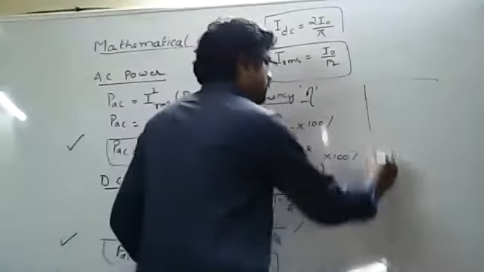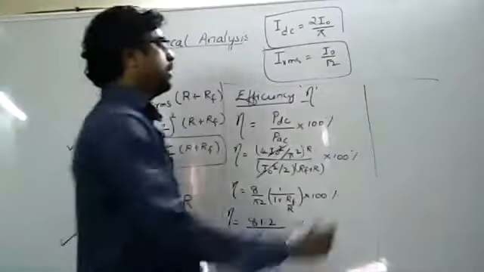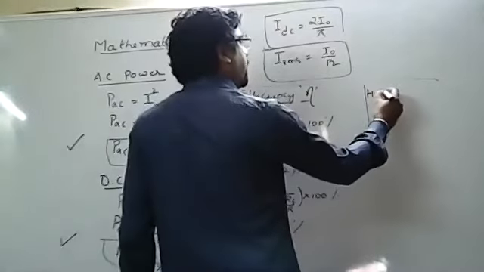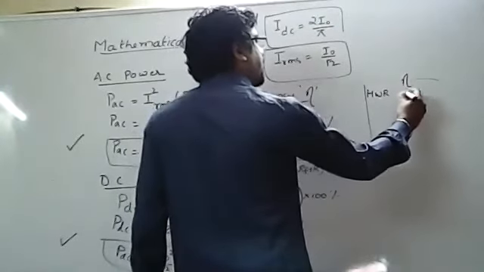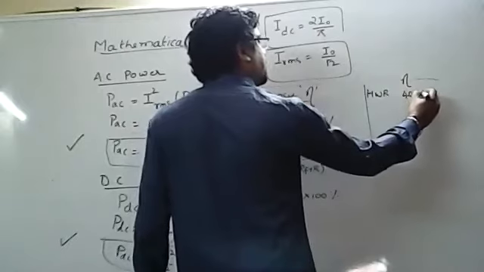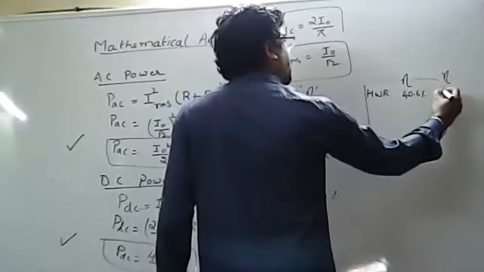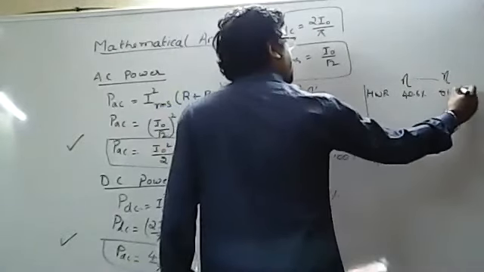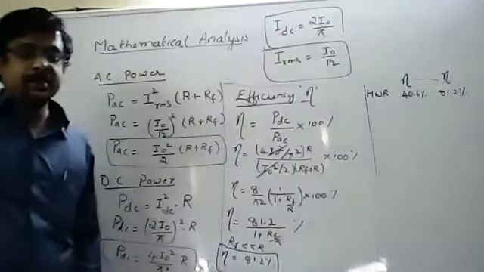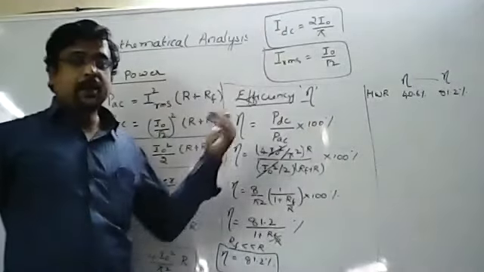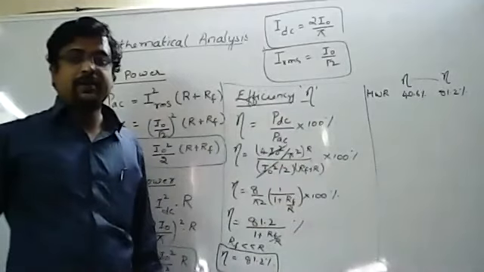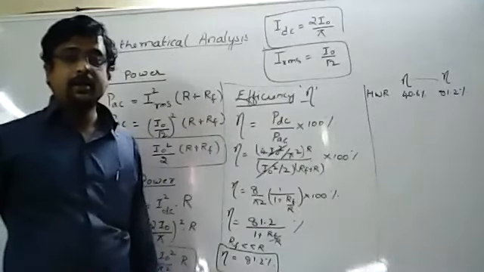Now I'll write here. Half wave rectifier efficiency is 40.6%. Full wave rectifier efficiency is 81.2%. That means I am getting double the efficiency of the half wave rectifier. Why am I getting double?